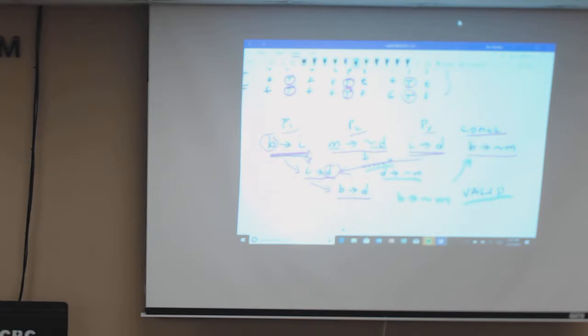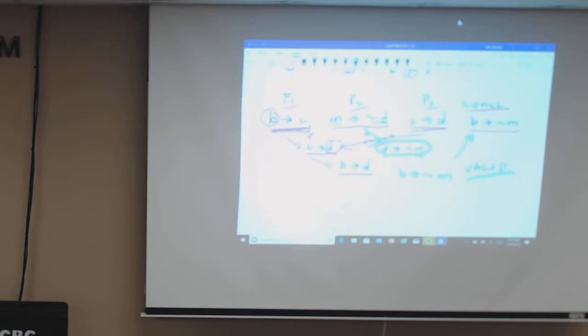So here's this one. The contrapositive of if M then not D is if D then not M. Remember that contrapositive we studied last time on Monday? And so now watch what I have. Now I have if B then D, and now I have if D then not M. So what can I say from that?